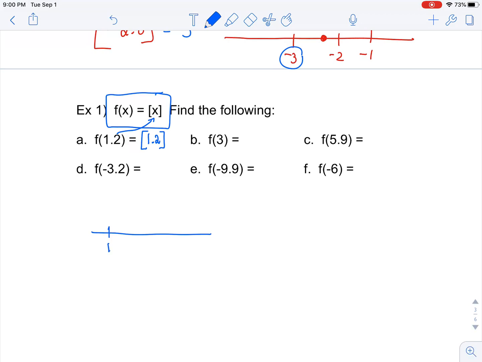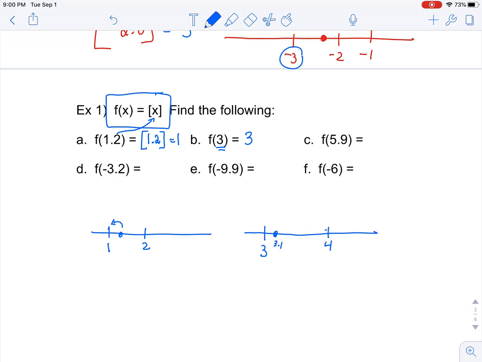Again, on a number line, 1.2 falls here. The greatest integer before 1.2 is 1. Okay? If the number that you're plugging in is an integer, the greatest integer is still going to be that integer. So think about on a number line between 3 and 4.